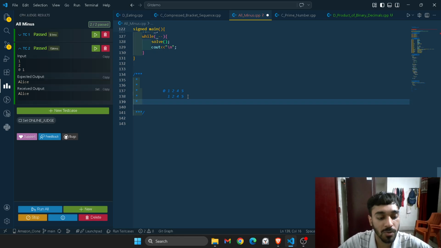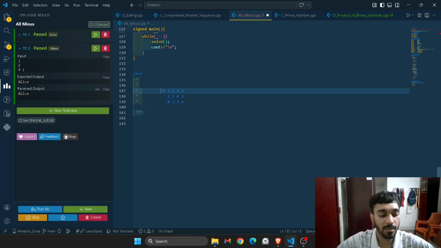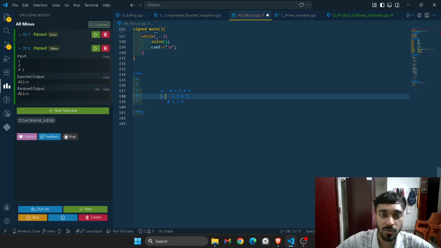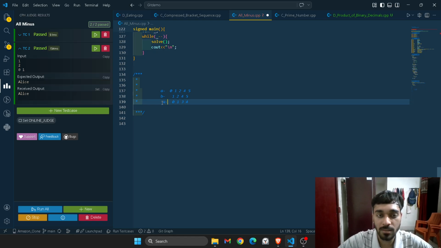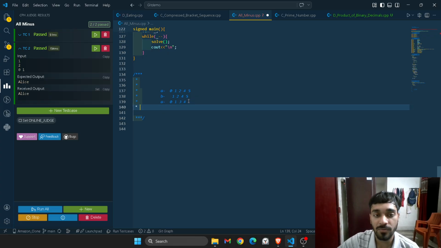So Bob can only choose 1, so these are the numbers that will be left after Bob's turn. Now let me write here whose turn this was. This was Alice's turn. This was Bob's turn. Now Alice's turn will come. Alice will see again a 0 is there, so Alice will remove this.